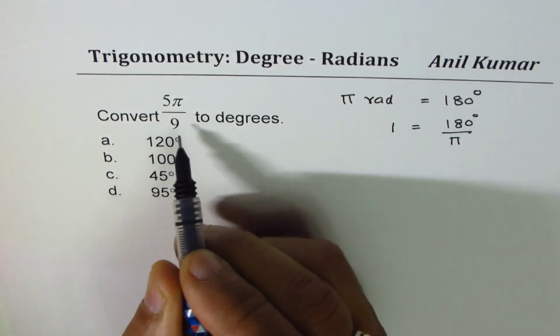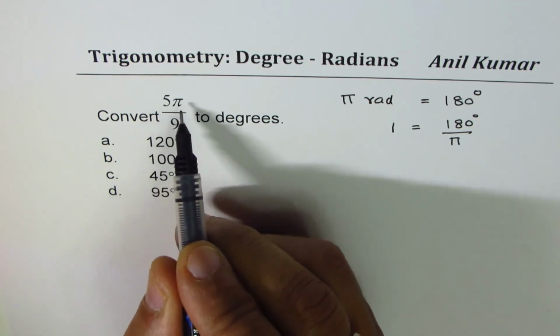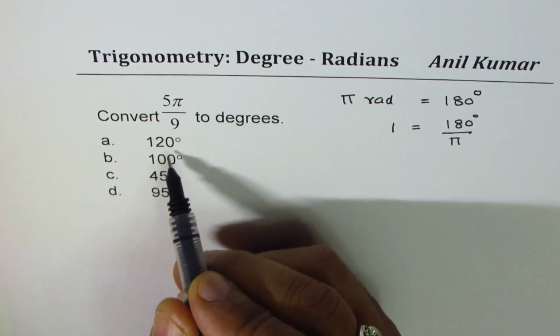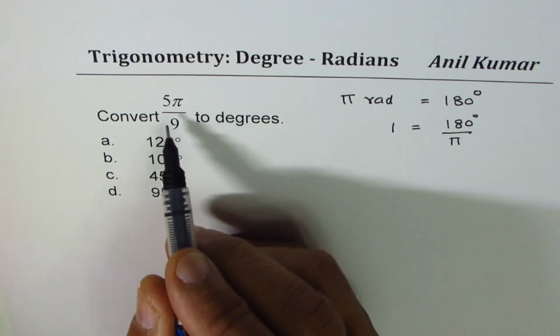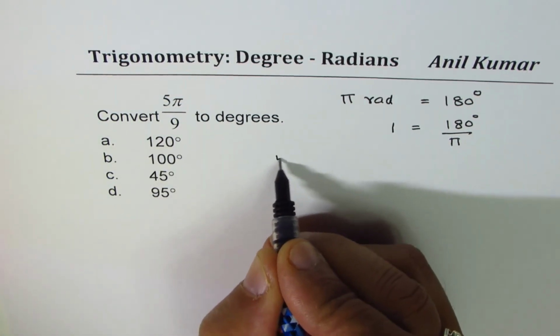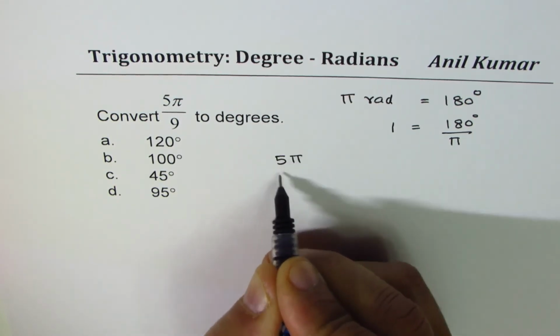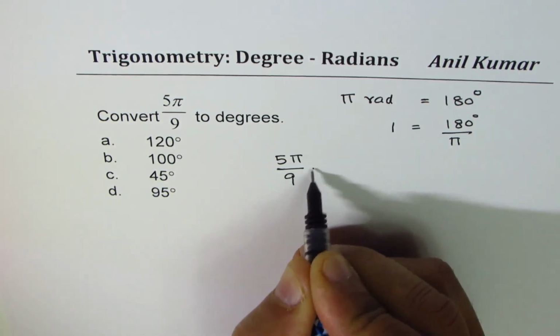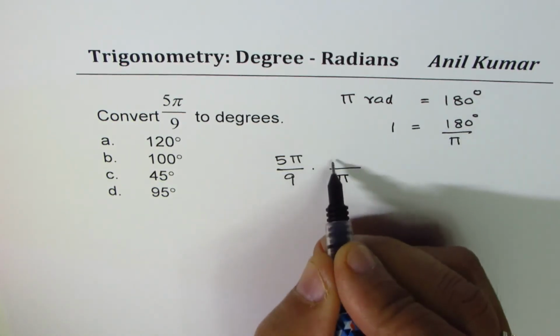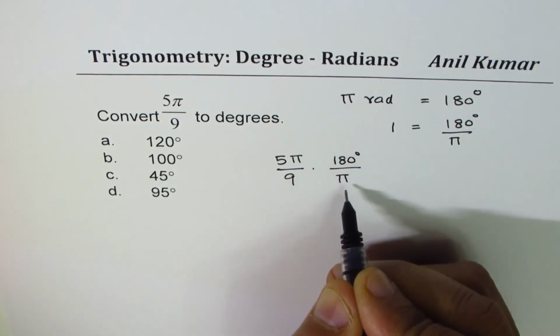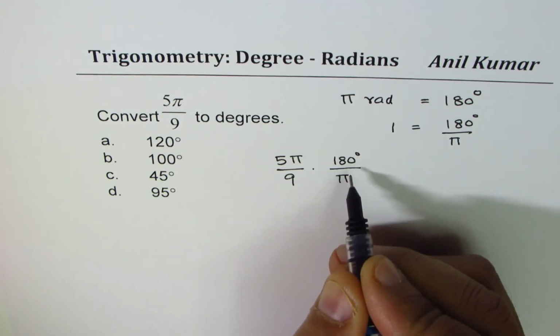We have to convert 5 pi by 9 to degrees. These are different choices. Do not guess, just do the conversion. We have 5 pi by 9. We don't want pi here, so we keep it in the denominator and multiply by 180 degrees, since pi is 180 degrees.